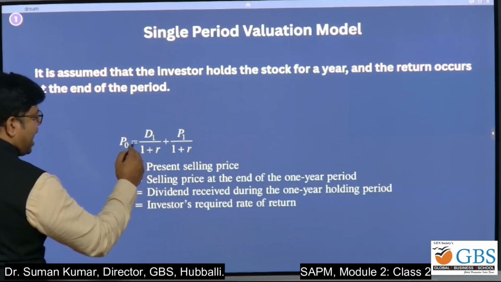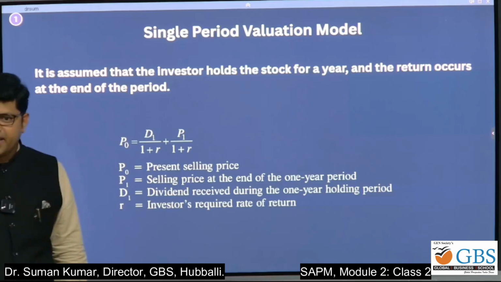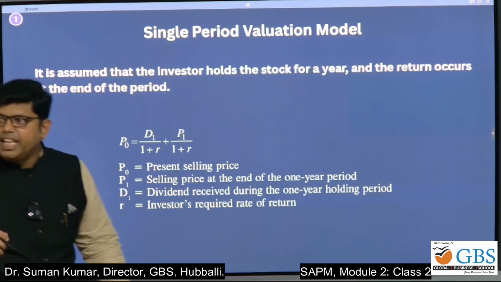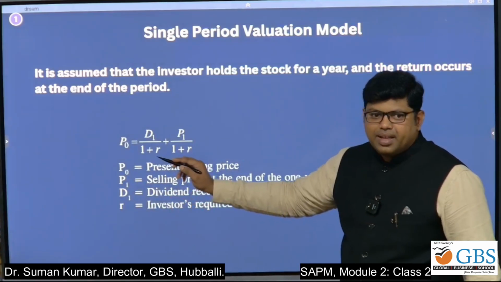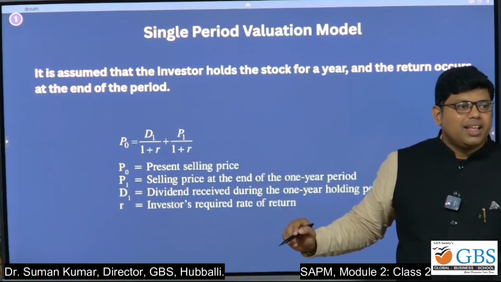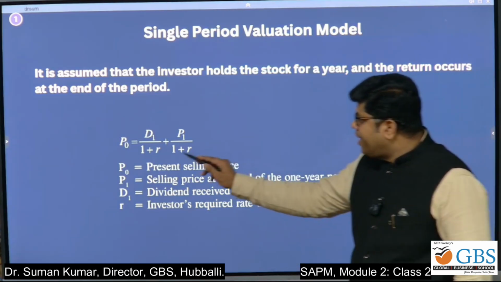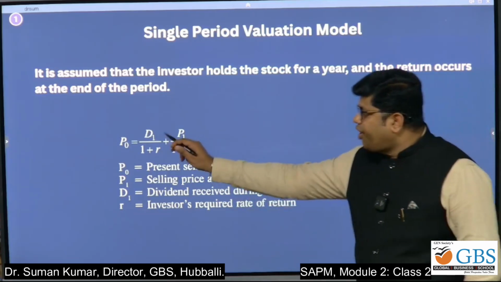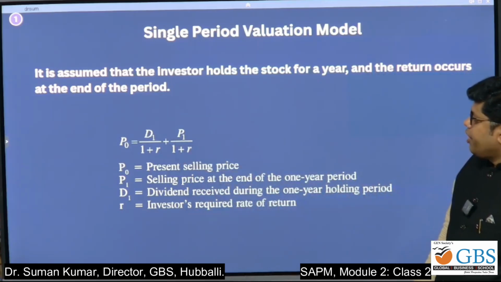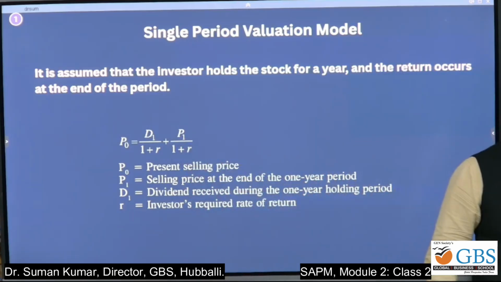1 plus R raised to 1, because it is 1 year, right? Actually it is not just 1 plus R, it is raised to 1. Why 1? It is 1 year. Correct. So 1 plus R raised to 1. That's it. So D1 stands for the dividend we are going to receive, and P1 stands for the selling price at the end of the first year.